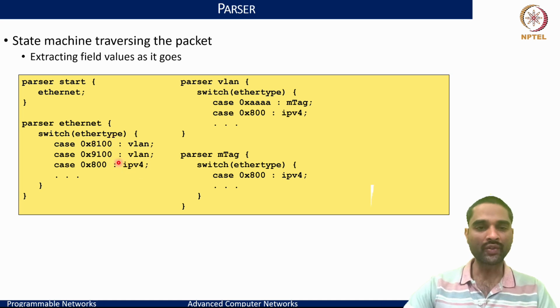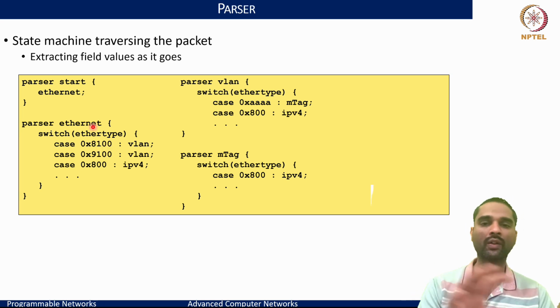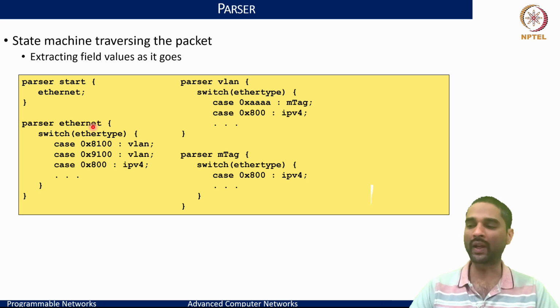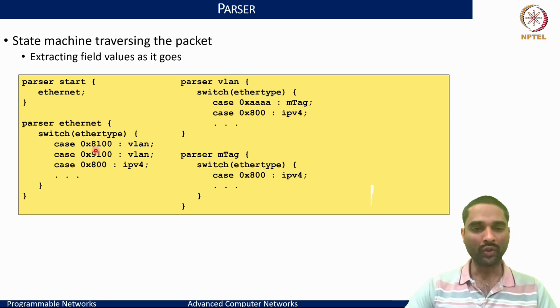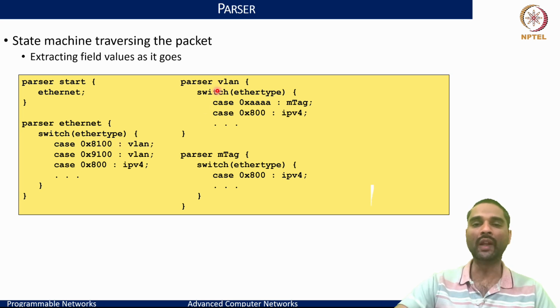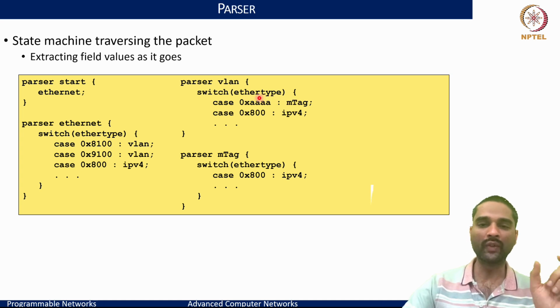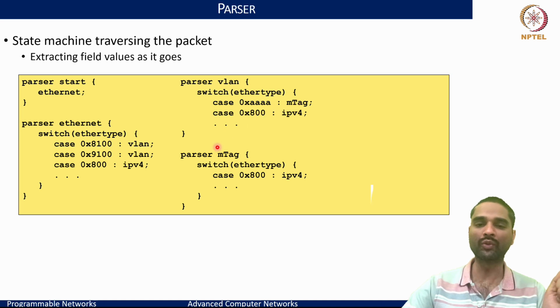Once it is in VLAN, if you remember, our packet had an Ethernet header followed by a VLAN and then our M tag. So it would come with the value 8100 and enter into the parsing of the VLAN. Here in the parse VLAN, we would switch on the ether type, and if we coded our ether type for the M tag as AAAA, then it would look up this ether type in the VLAN ether type field, match on it and come to the M tag.